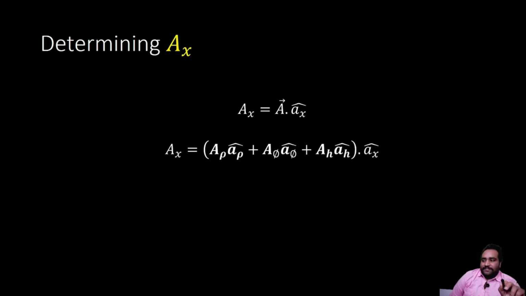Now, same principle: to determine Ax, what you should be doing is directly performing the dot product operation between A bar and ax. Now ax is a unit vector in the Cartesian coordinate system, whereas A bar is the vector expressed in the cylindrical coordinate system, that is, in this format.